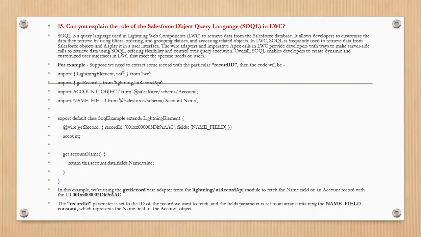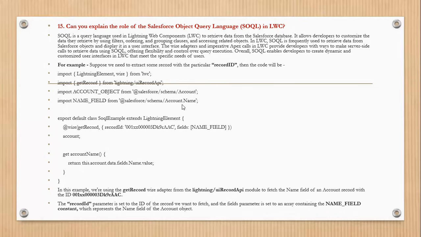For example, suppose we need to extract records with a particular record ID. Then the code will be: import the LightningElement, import getRecord from the Lightning records API, import the account object from the Salesforce schema, and import the account name field from the Salesforce schema.